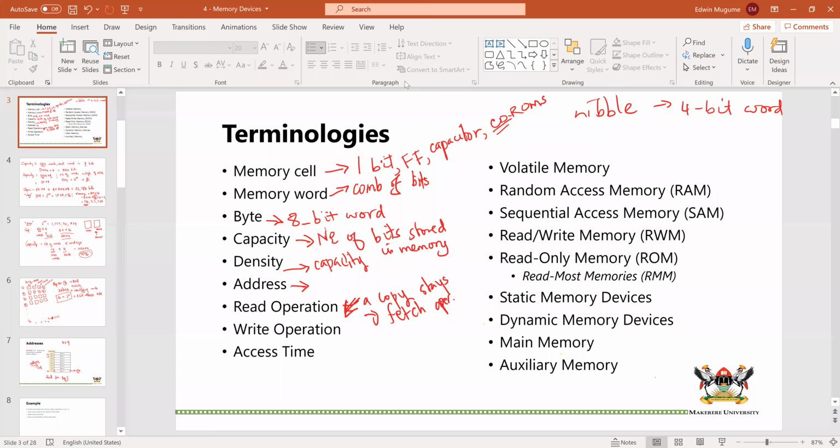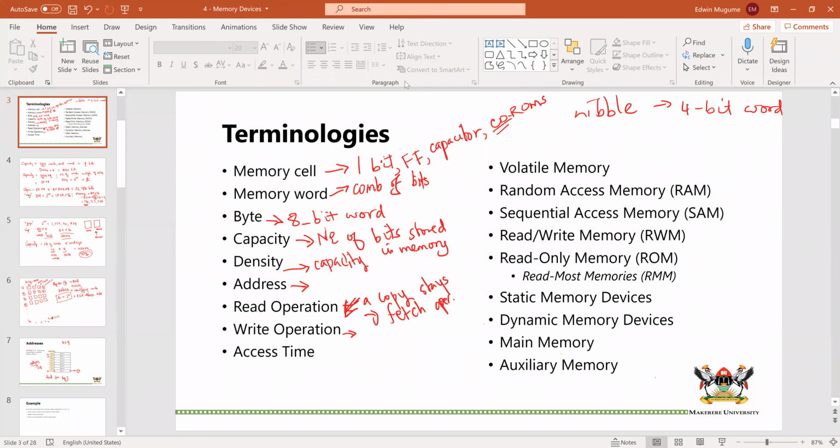The write operation is different. When you are writing information, it means you are getting information from outside and you are writing it into memory. So when you want to write information in memory, you need to identify the address where you want to write that information, and then you need to provide that information to the memory device.